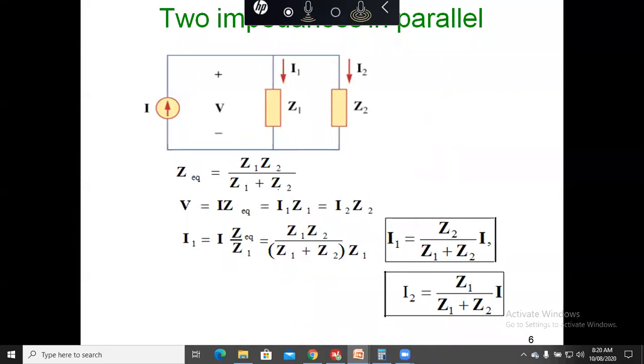We see that the Z equivalent of the two impedance network is given by the multiplication of Z1, Z2 over Z1 plus Z2.